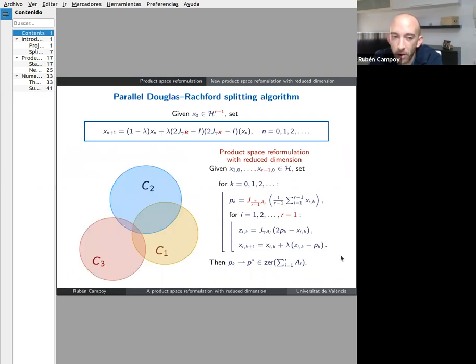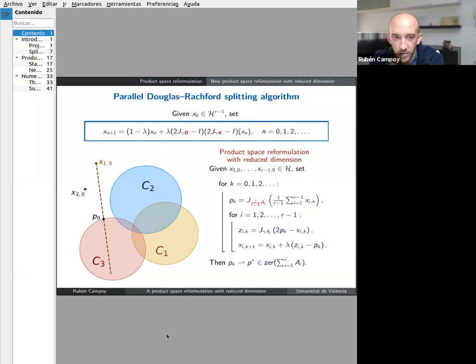So for the feasibility problem, if we do the same in the same instance, now we only need to consider 2 initial points. And in order to build P0, we compute the average and we project onto the third set. This is P0. And now from here, we get into the parallelization.